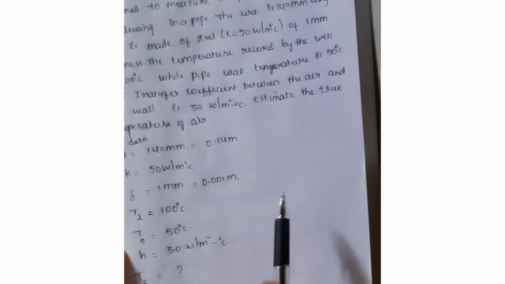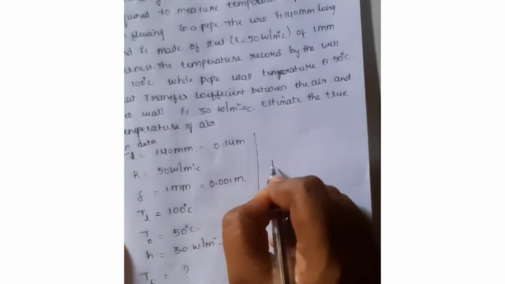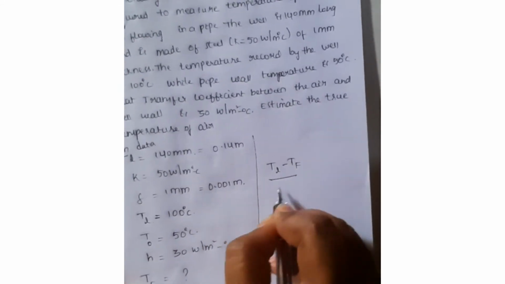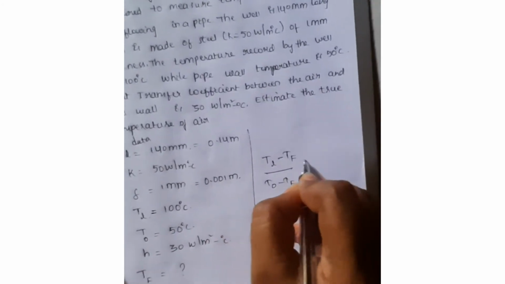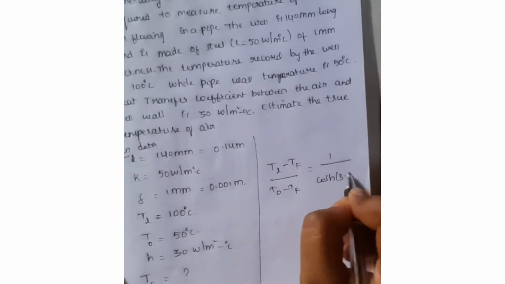Now substituting this ml value in this equation, (TL minus TF) by (T naught minus TF) equal to 1 by cos hyperbolic of 3.43.